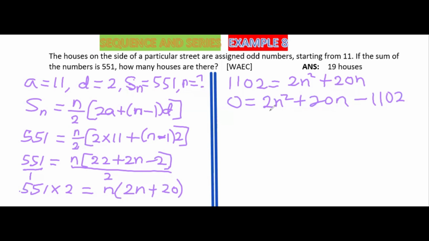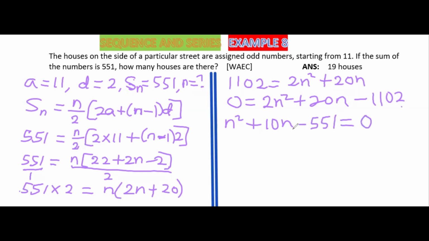So 2n squared divided by 2 is n squared, plus 20n divided by 2 is 10n, minus 1102 divided by 2 will give us 551, equals 0 divided by 2, which is 0.